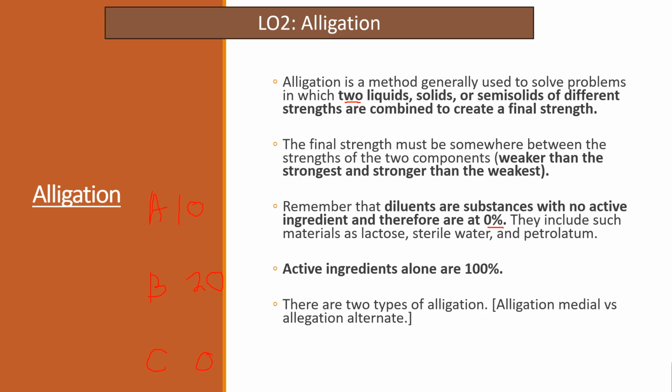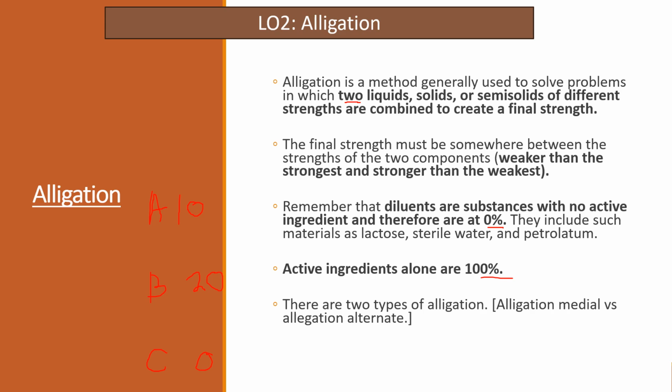Okay, the strength is 0. However, the active ingredient alone is 100%. That means the active ingredient alone is 100% if it is not being added to any other compound or mixture, so it is 100% of that mixture or compound.